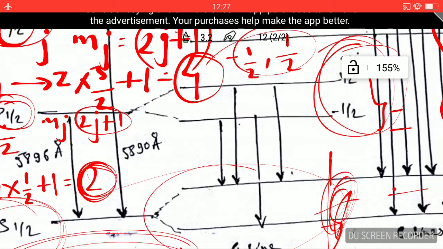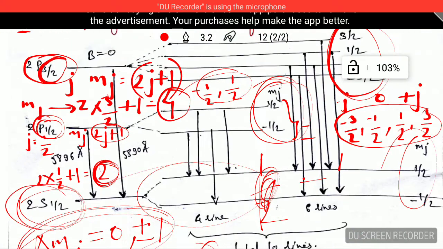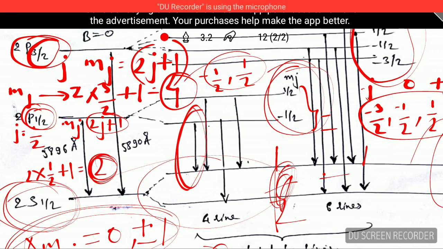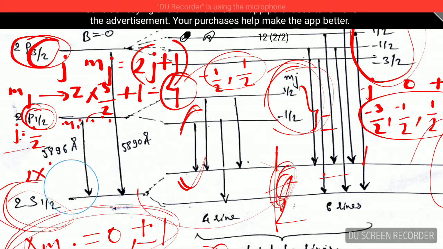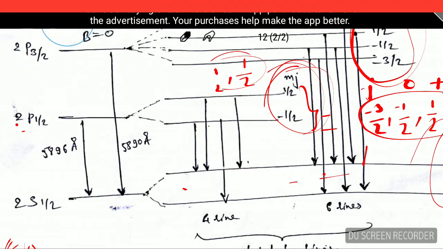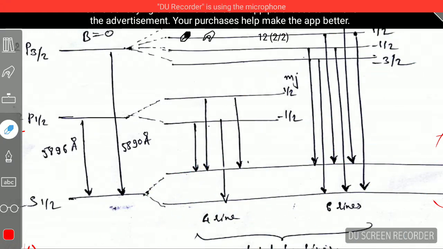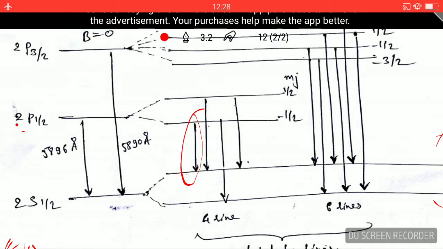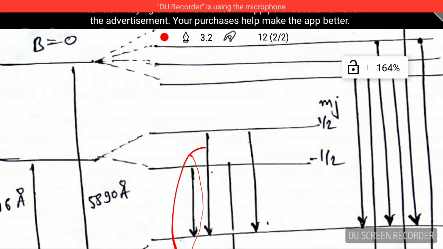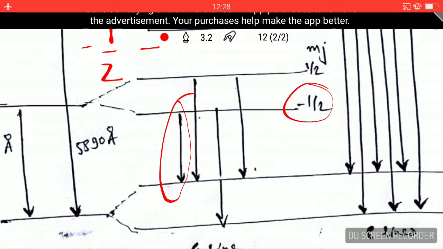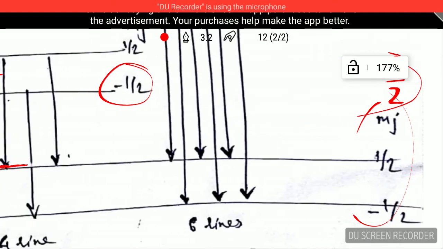As an example to make you understand, the first transition is this, and that can easily be possible. For this line, the value of mj is minus 1 by 2, and the value of mj for this level is 1 by 2.